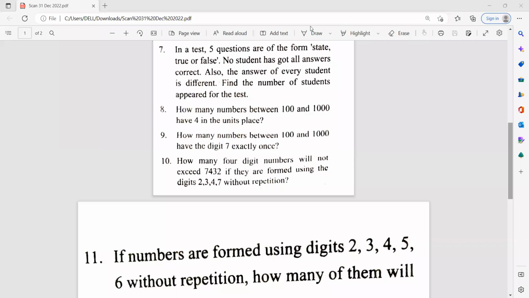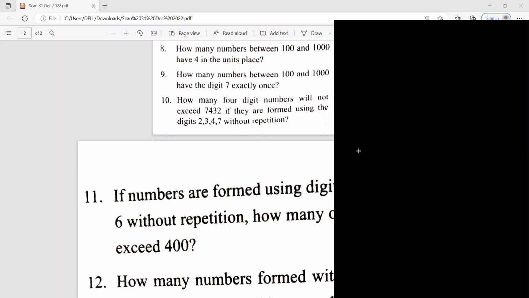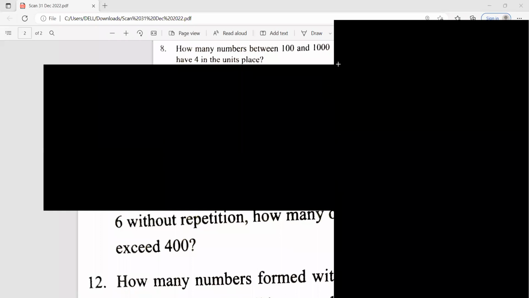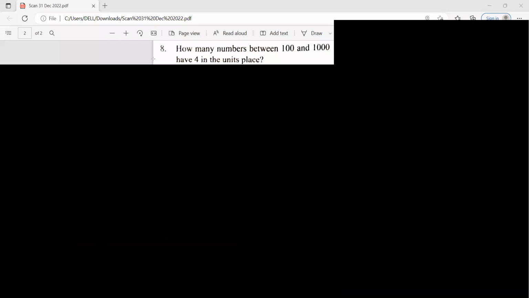Question number 8. I'm taking question 8 for you now. Let's begin solving question number 8.